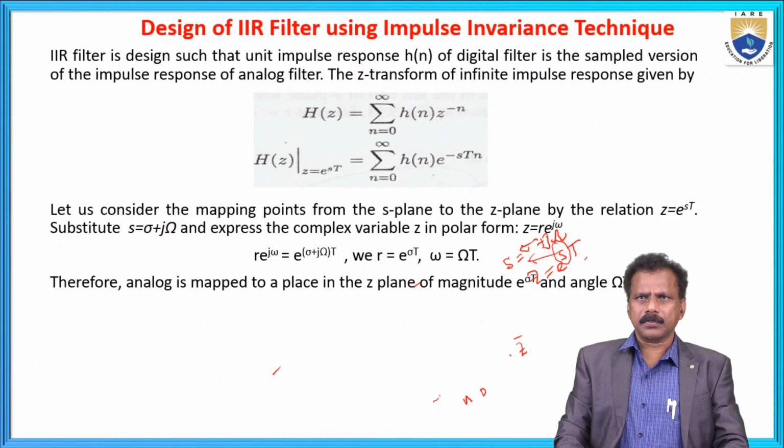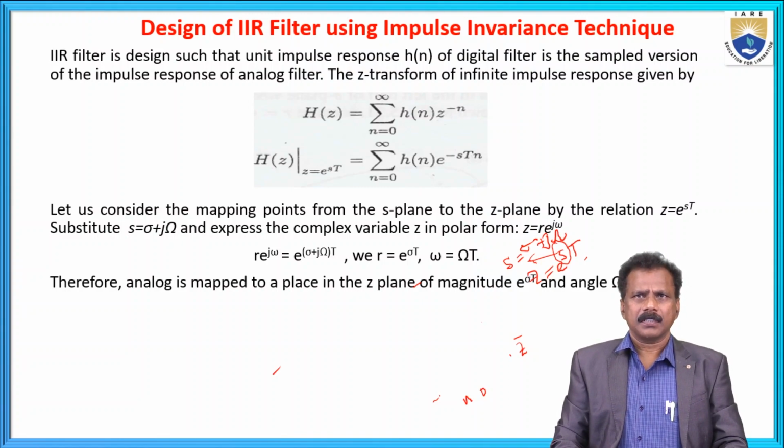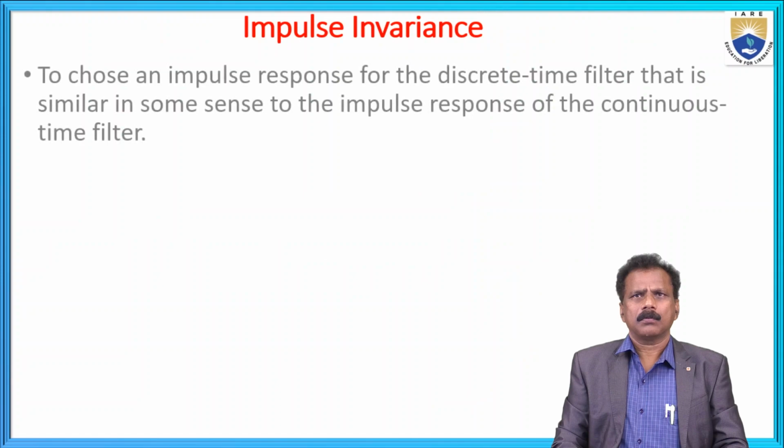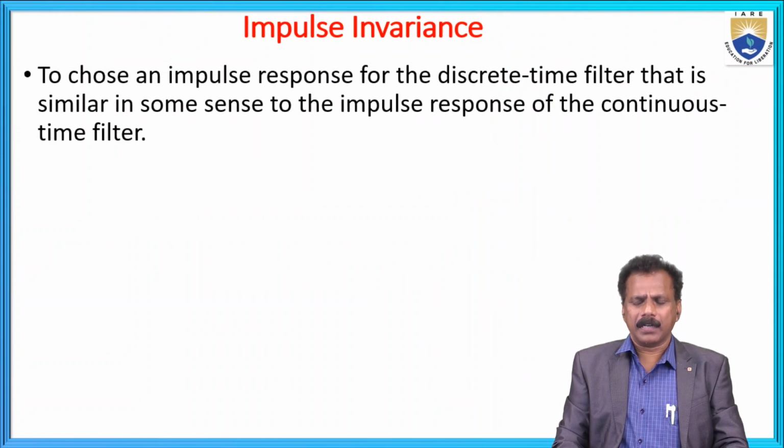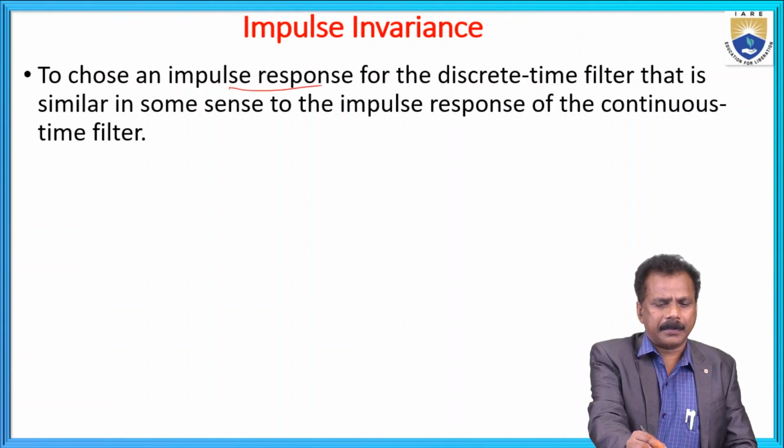After this, we transform the infinite impulse response. So, using all this, the fundamental aspect of impulse invariance is to choose an impulse response h of n.